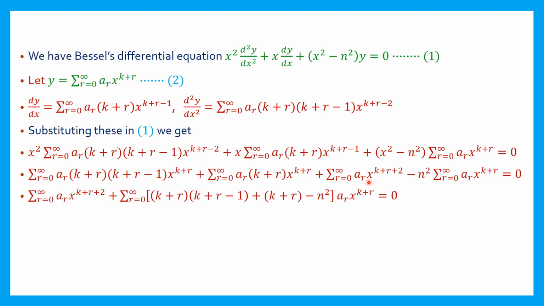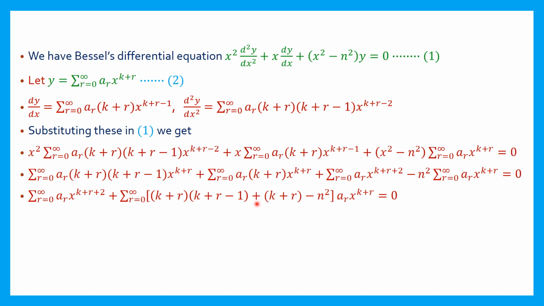That is, summation r from 0 to infinity a_r x power k plus r plus 2, plus summation r from 0 to infinity a_r x power k plus r taken outside, and inside we wrote (k plus r) into (k plus r minus 1) plus (k plus r) minus n square.